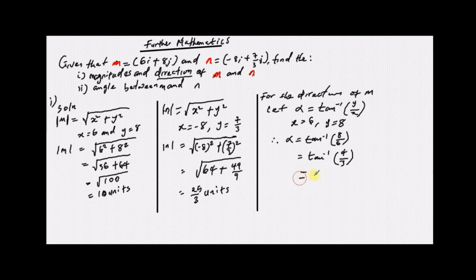So we have the answer to be 53.13 degrees. Therefore, the direction of vector m equals 53.13 degrees.